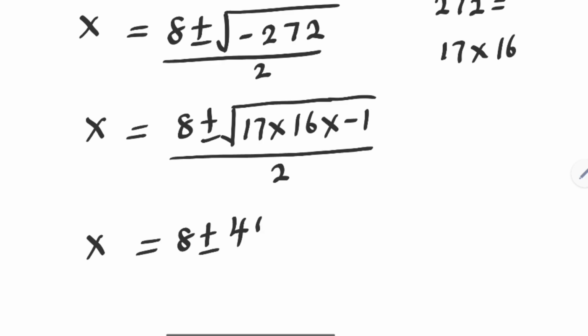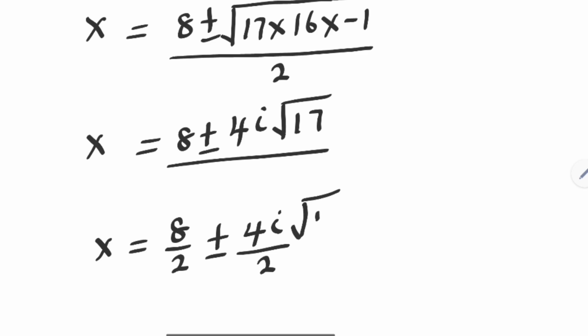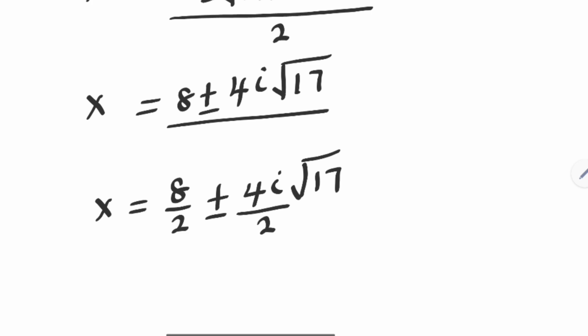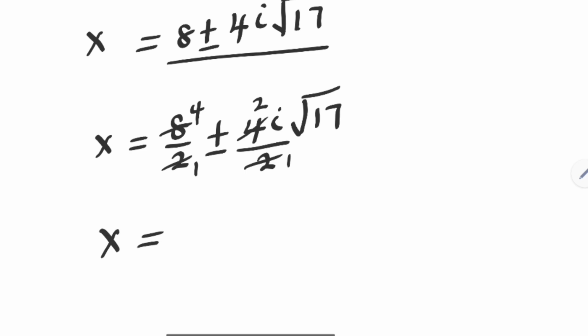Square root of minus 1 is i, then square root of 17, divided by 2. x is equal to 8 divided by 2 plus or minus 4i divided by 2 square root of 17. 2 here 1, 2 here 4, 2 here 1, 2 here 2. x is equal to 4 plus or minus 2i square root of 17.